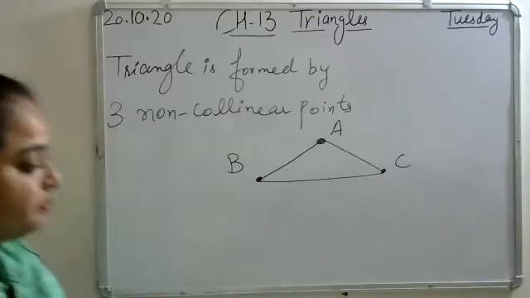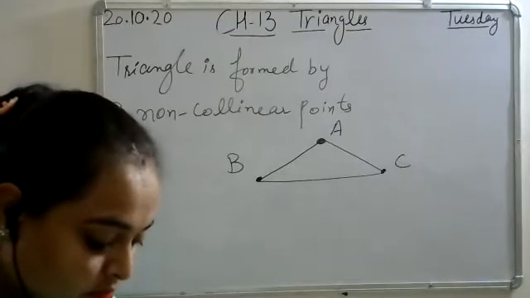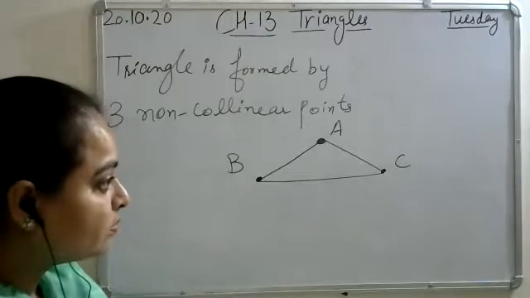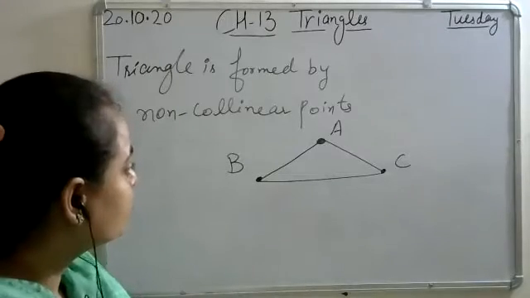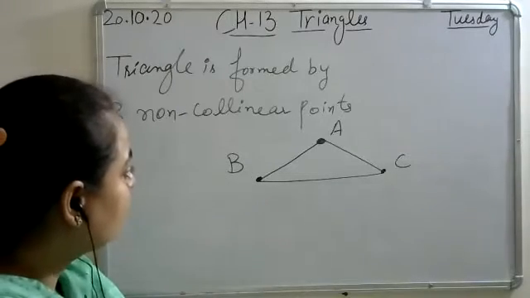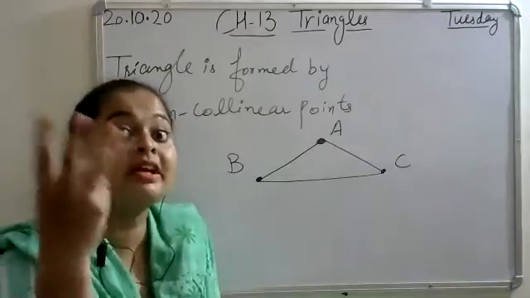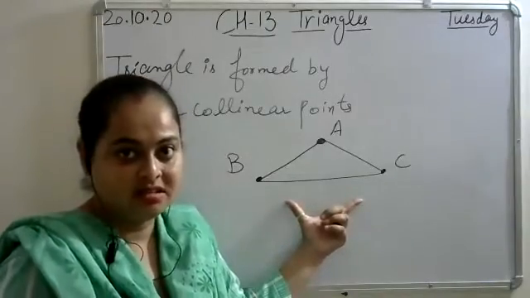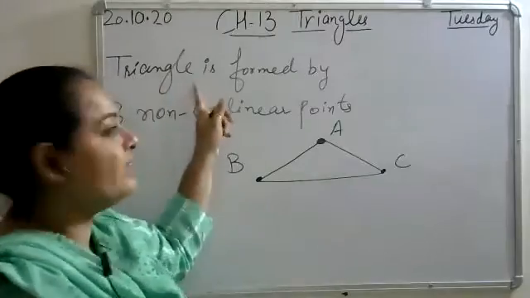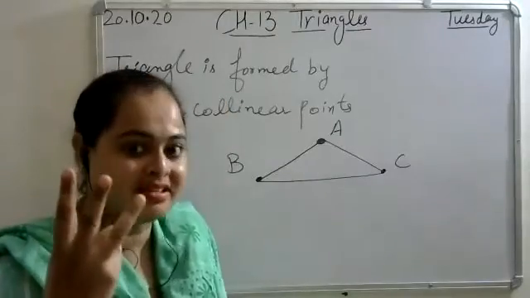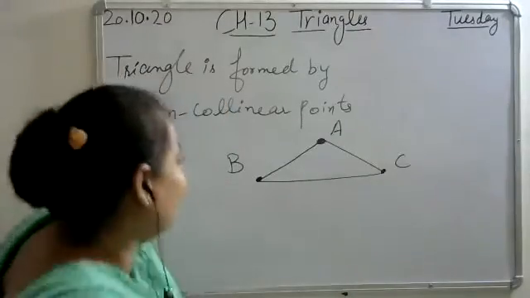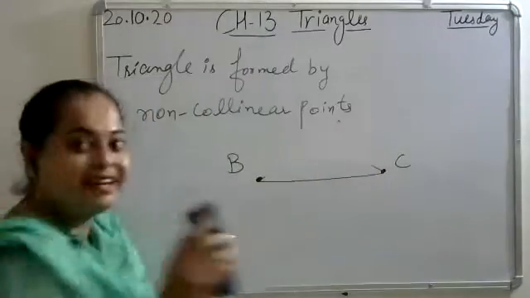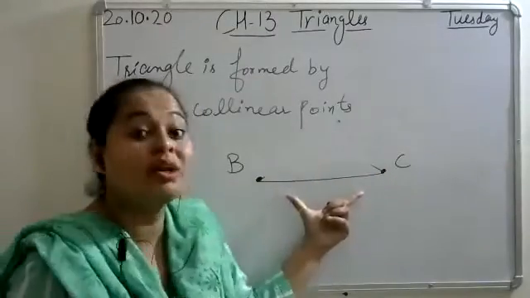Yes, Rachit. Ma'am, my question was, you have joined B and C, and they are on the same line. Beta, we are talking about 3 points. The discussion is not of 2 points. The triangle is formed by 3 points. If we were talking about only 2 points, then you would say these are collinear.